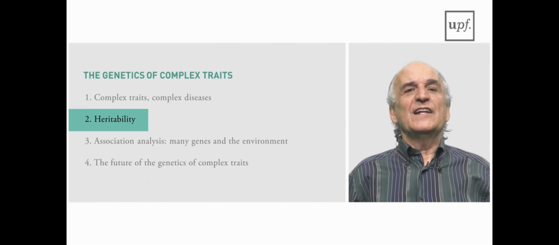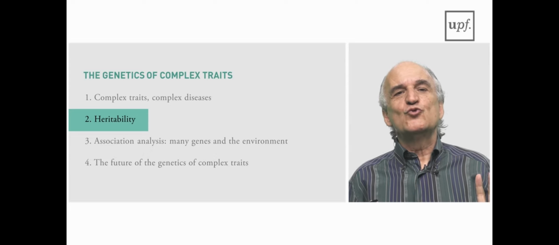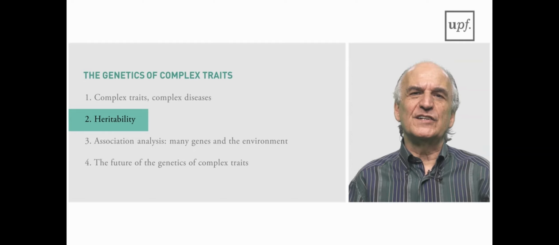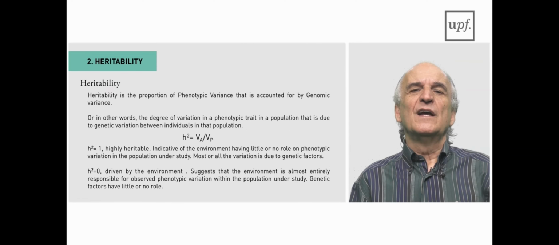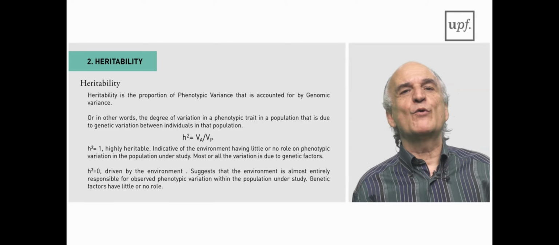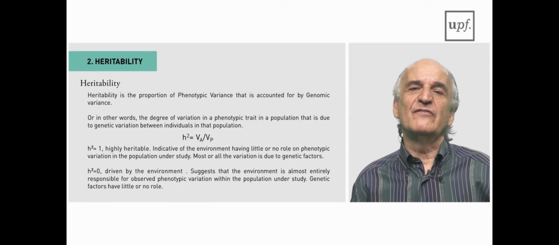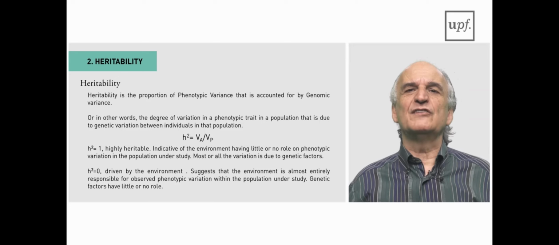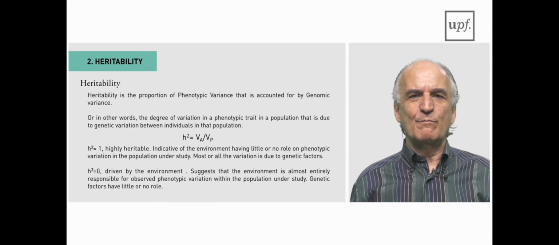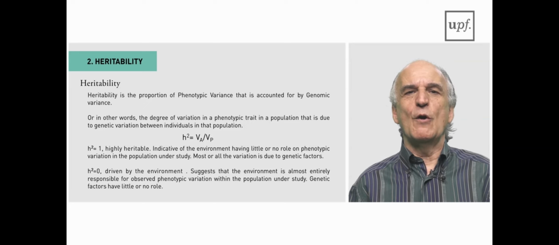To begin with, we need to recognize to which extent a given trait is inherited or not. And for that, we have to work out what we call the heritability, which is the proportion of a phenotype variance, or the variation of a given trait, that is accounted for by the differences in the genome.